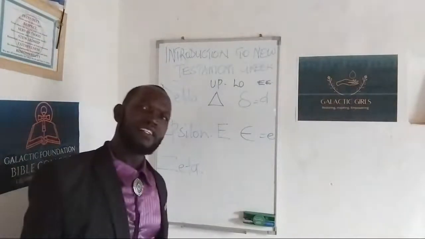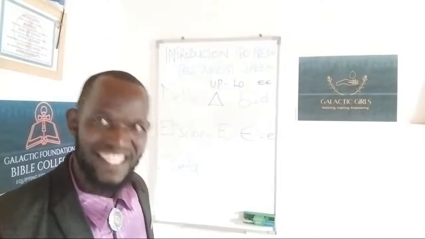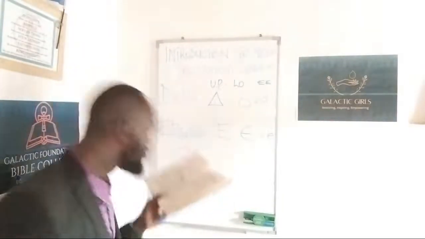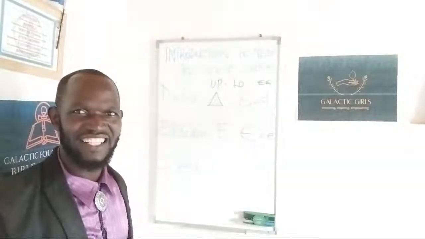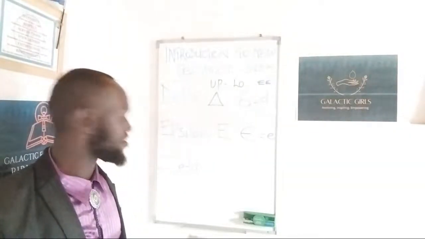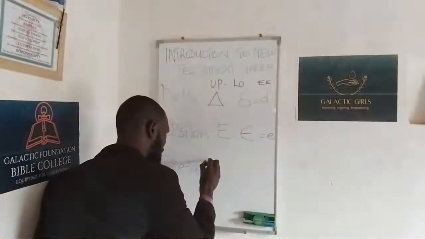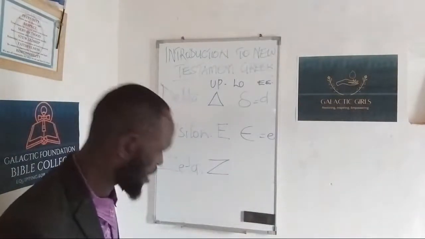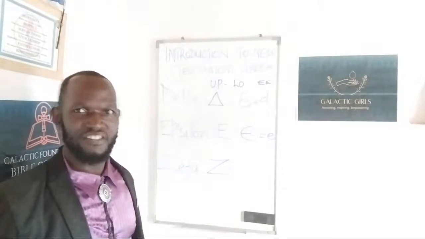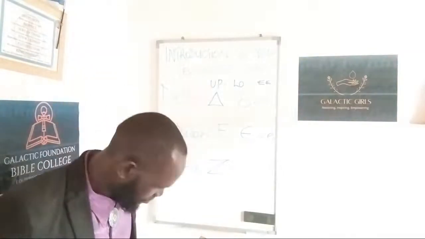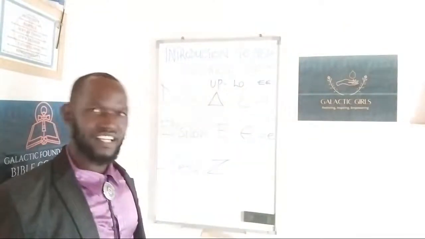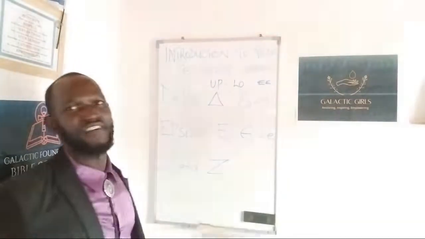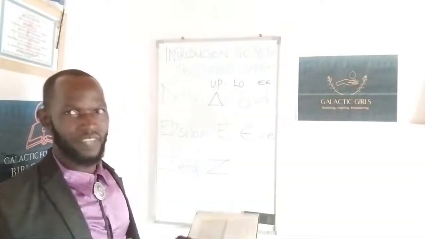Now, the uppercase for zeta is exactly just like you'd find in the English letter Z. It's very easy. Just write the Z, the uppercase, how it is in English, and you already have the letter zeta in Greek.